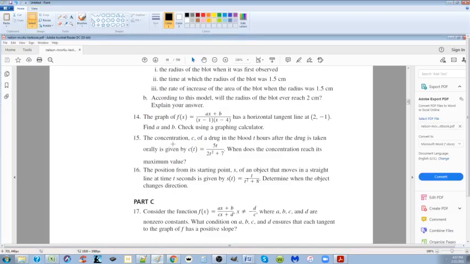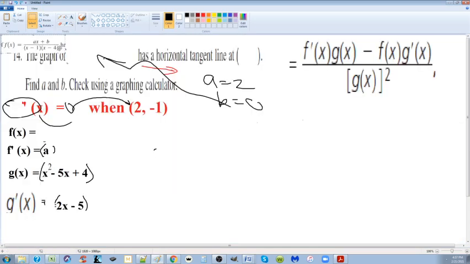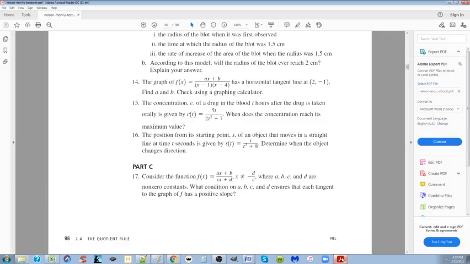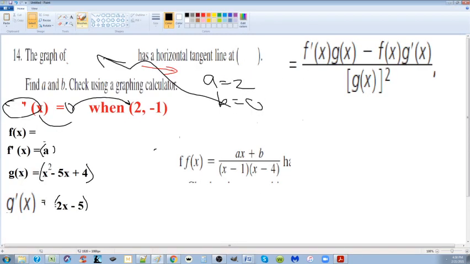Okay, I'm going to just grab this equation. And I happen to know a bit more about it, actually, that I should have grabbed. The point on it is 2, minus 1. And I know b is 0. So I can have this.